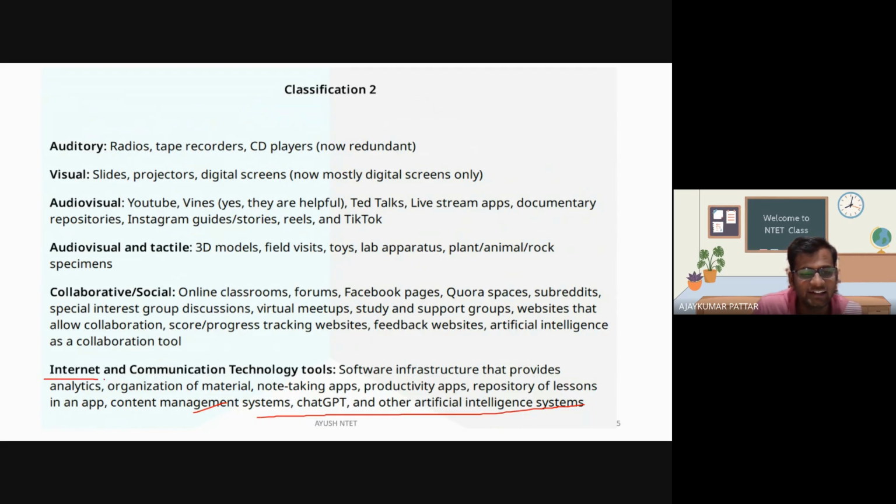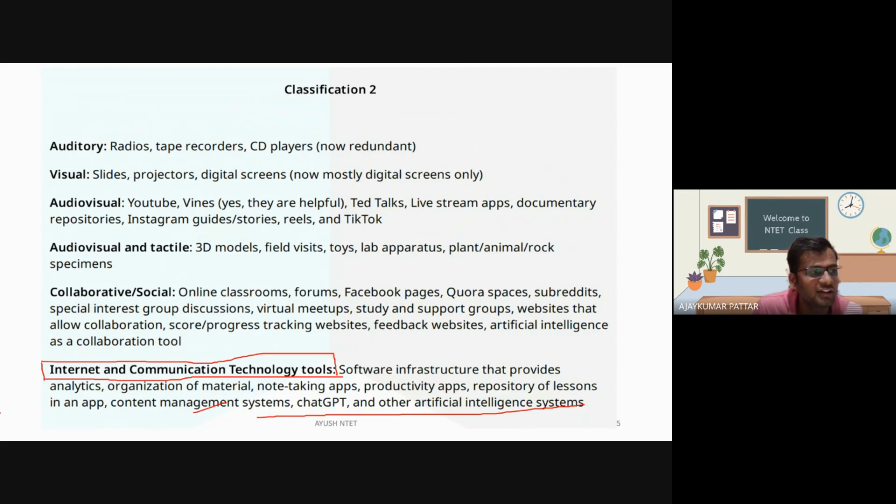So internet and communication technology is an advanced method of teaching. If you are using ICT as a teaching aid, for example, if you are using chat GPT for your teaching, then it is called an ICT teaching aid. It comes under the internet and communication technology tools, chat GPT, any artificial intelligence.